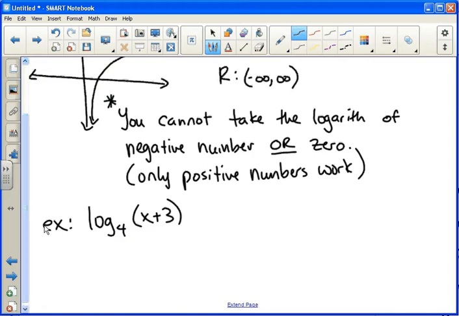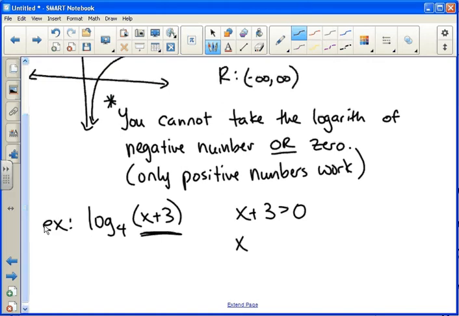In other words, what's inside has to always stay positive. Another way to say that is x plus 3 has to be greater than 0. It has to be, because we cannot do the log of a negative or of 0. So we just solve for x, subtract 3 from both sides, and we get x is greater than negative 3. So that's our domain right there.